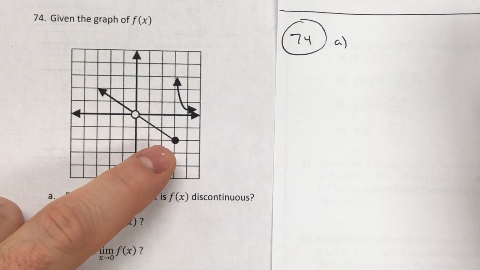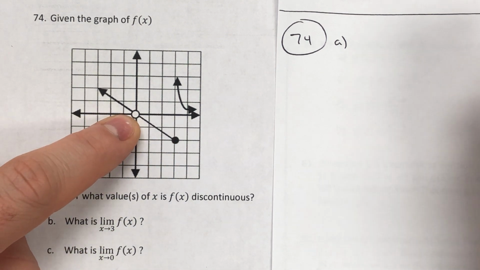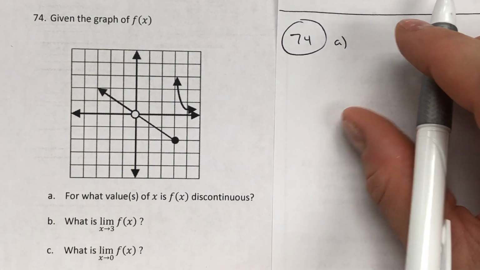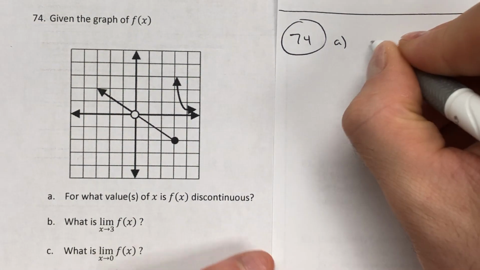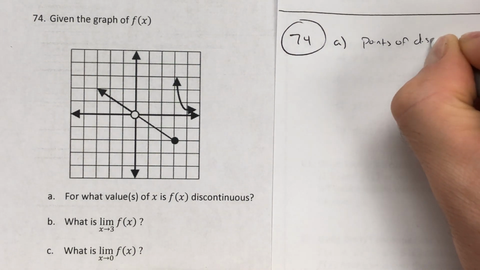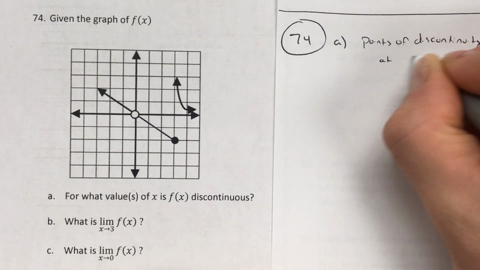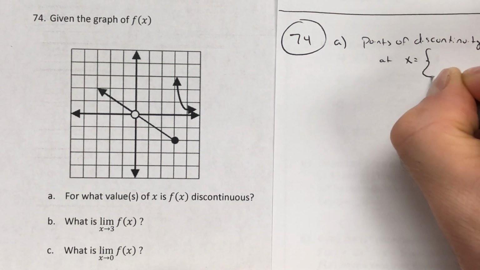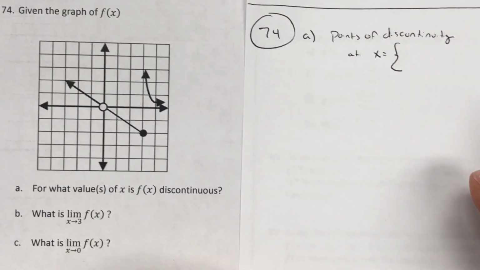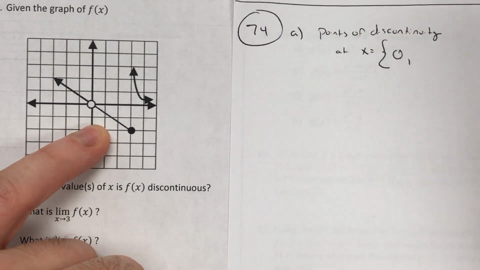So what we notice is the left part of the graph is a line going continually in that direction, and there's a hole removed from the graph. So I know points of discontinuity are going to be at x equal to, and I'm going to make this as a set, 0, comma.